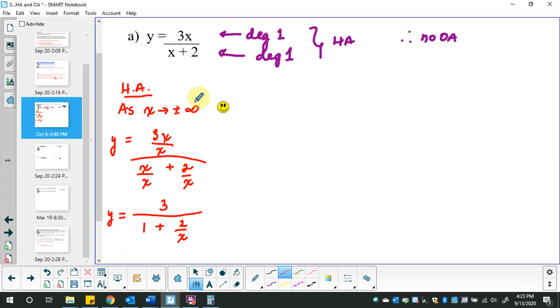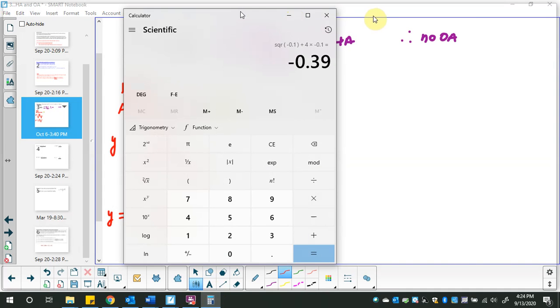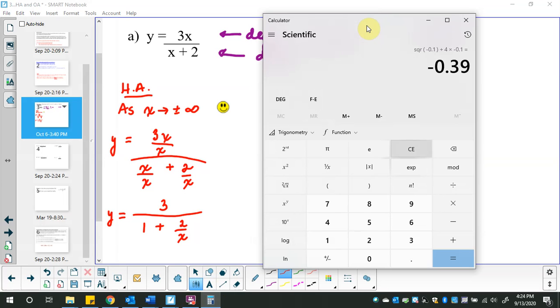Now, because you have said that x is a very, very large number, either a positive large number or a negative large number, that means this little fraction that's there bothering you maybe is actually getting really close to 0. So if I take the calculator and I do 2 divided by 10, that gives me a decimal. Try to remember 0.2.